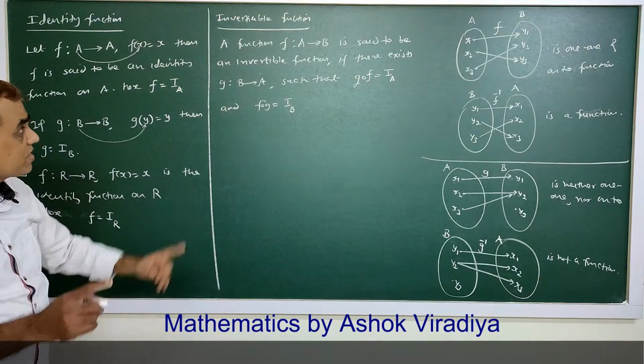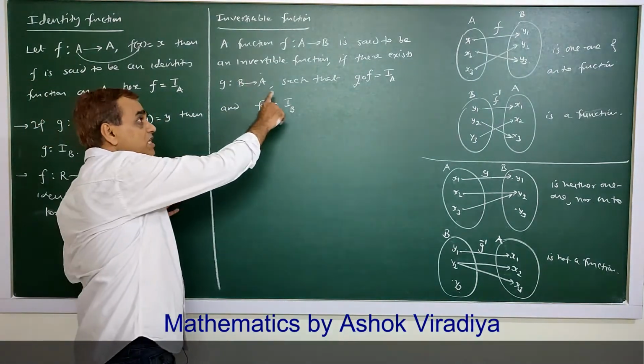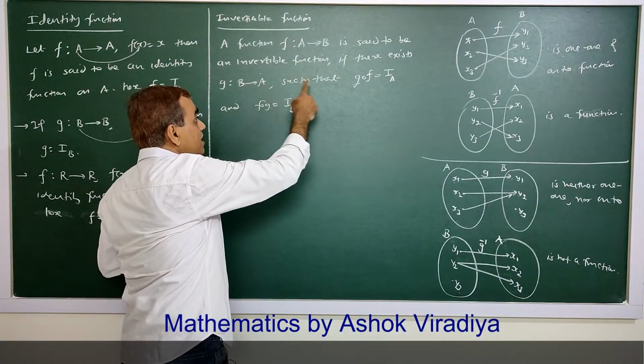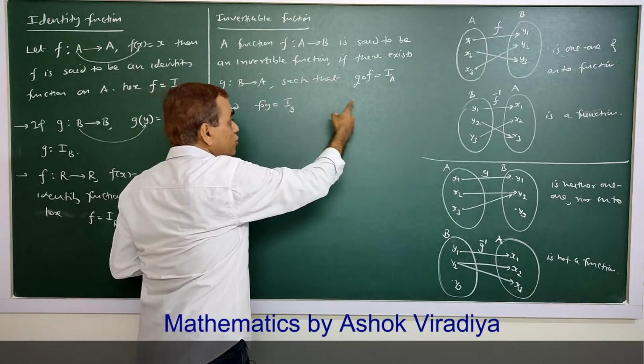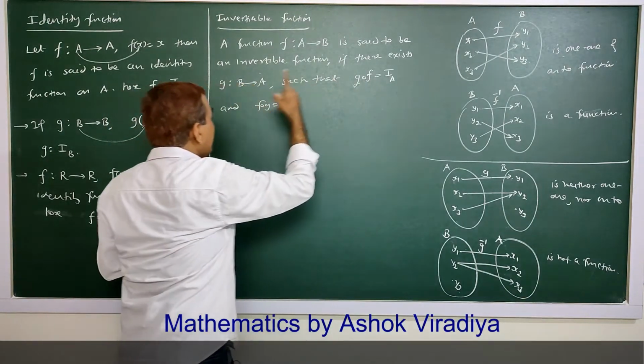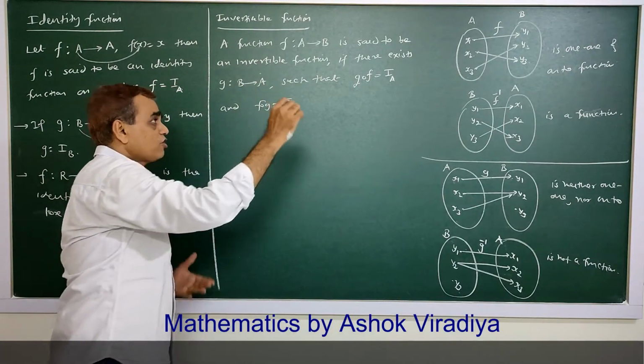So remember these words: a function f from A to B is said to be invertible if there exists g from B to A such that g o f is the identity function on A and f o g is the identity function on B.